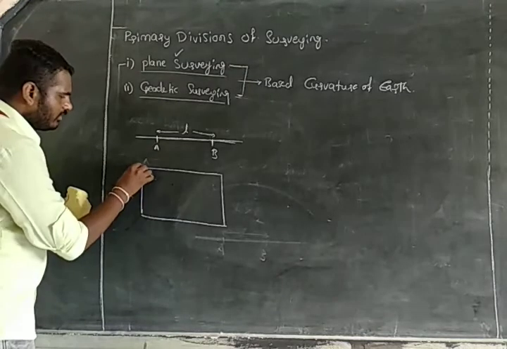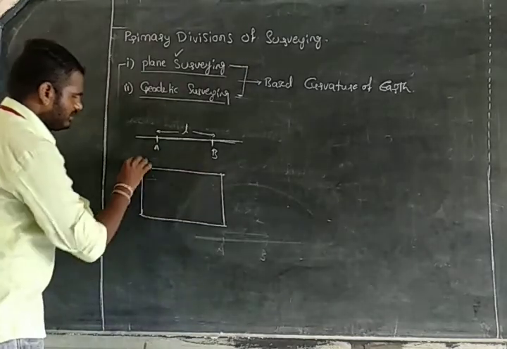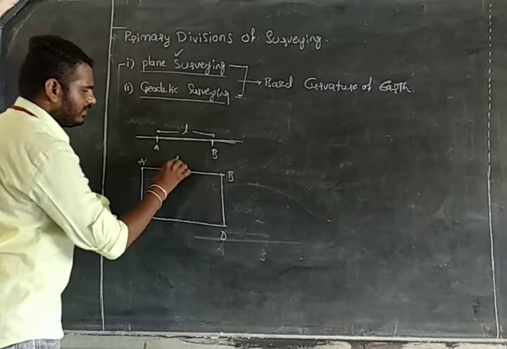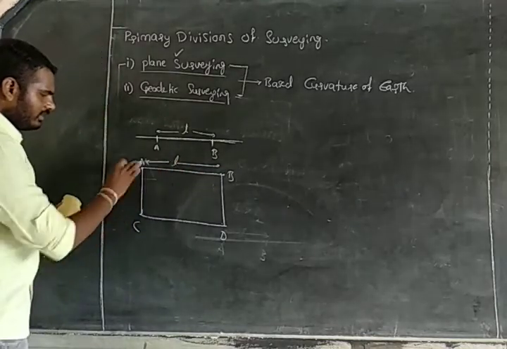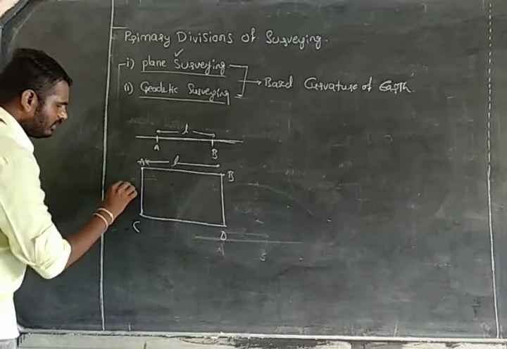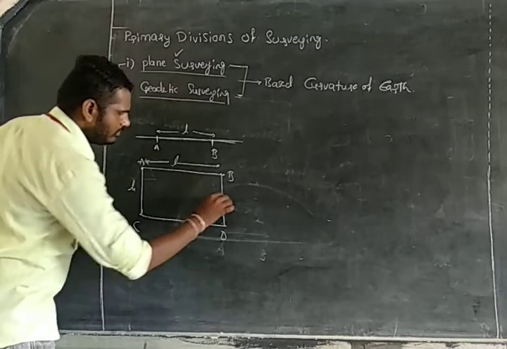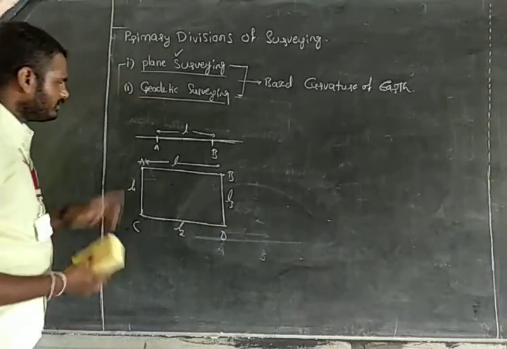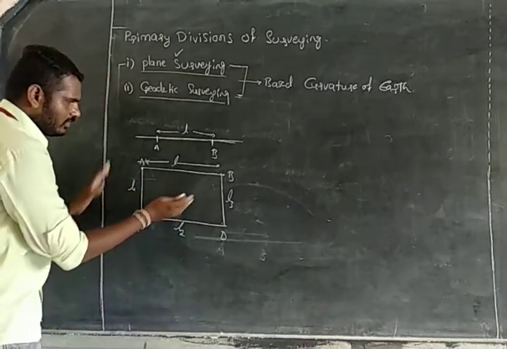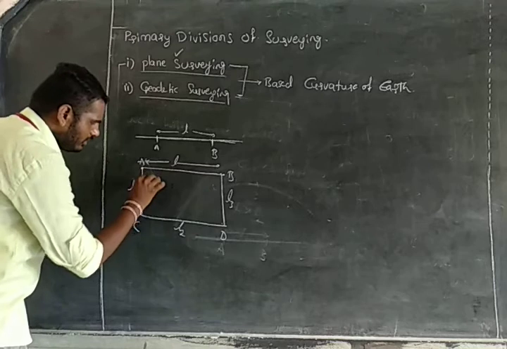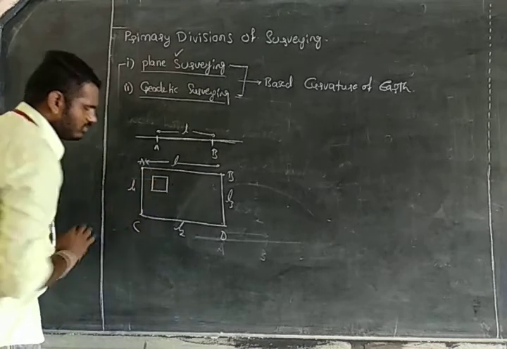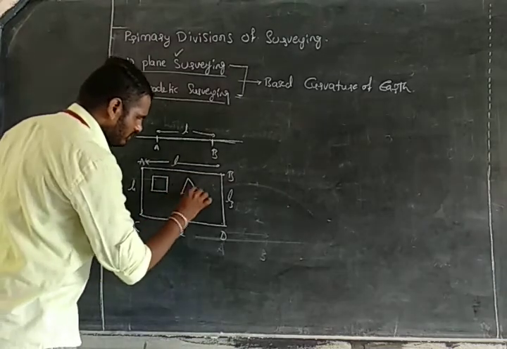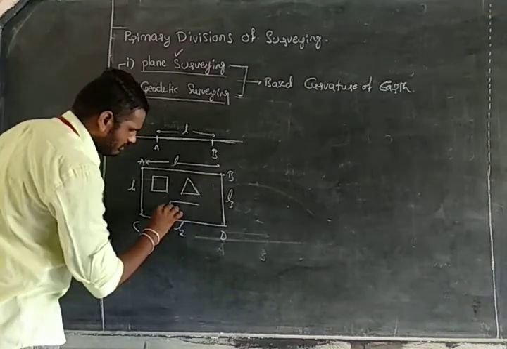From the top I am seeing four points, let us take them as A, B, C, D. You have measured the distance, some L, here between A and B, and the distance between A and C may be some L1, this may be L2, and this may be L3. Now when you consider these points and calculate the area, under this plot you may have a square, or a rectangle, or a triangle.